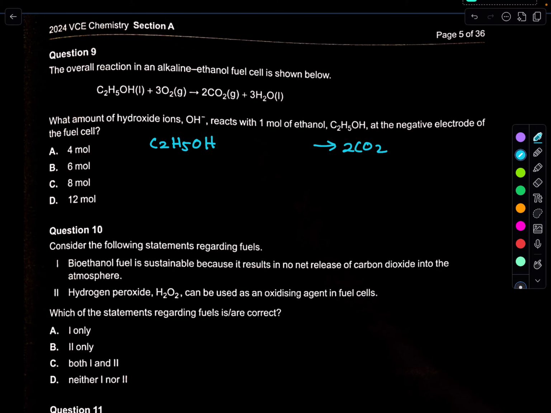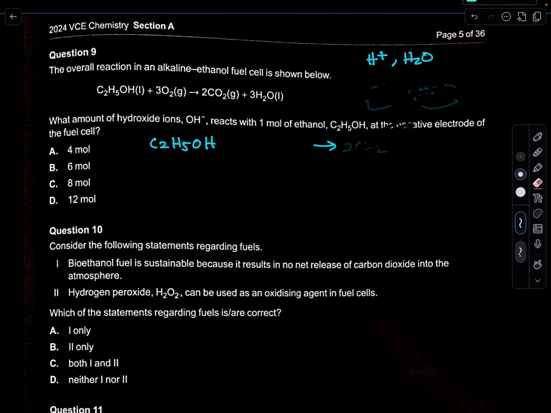This is where the problem is. If it was acidic conditions, you remember how you can add H plus ions and H2O? These are easy to deal with. But when it's alkaline solution, you can add OH minus ions and H2O. Now, the problem is both have oxygens. So it's going to be such a problem. You don't know which one to put. Should you put OHs on the left?